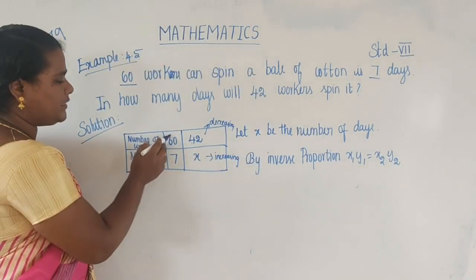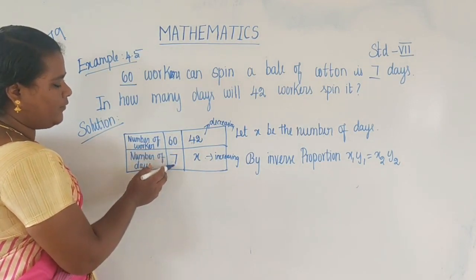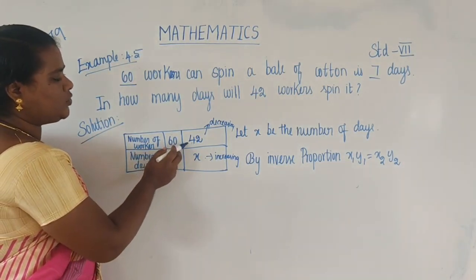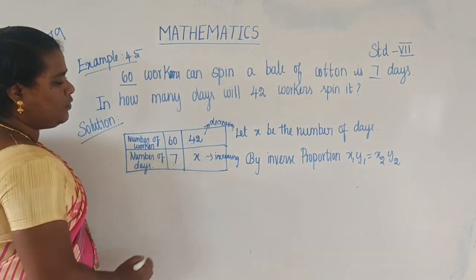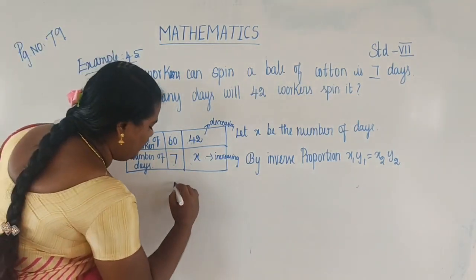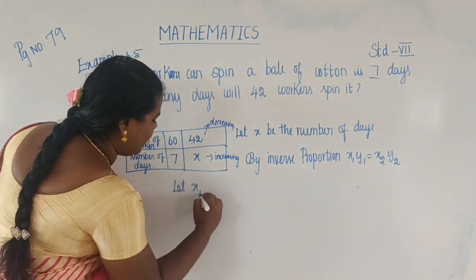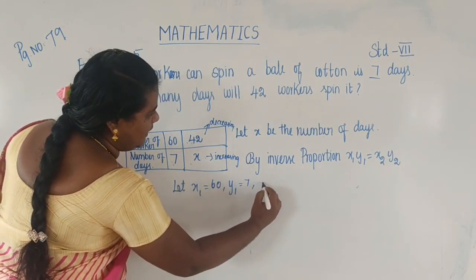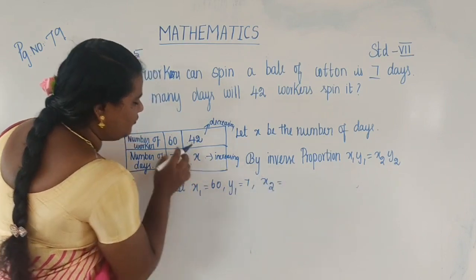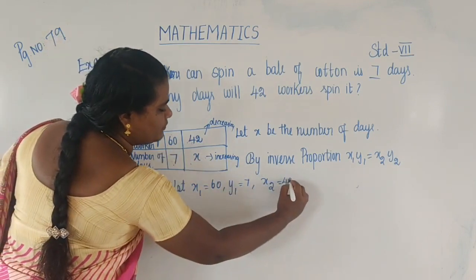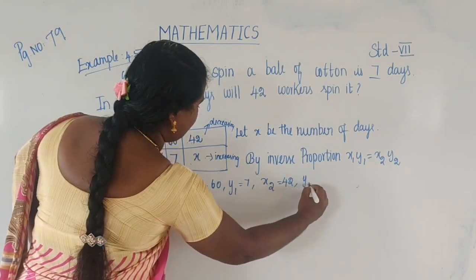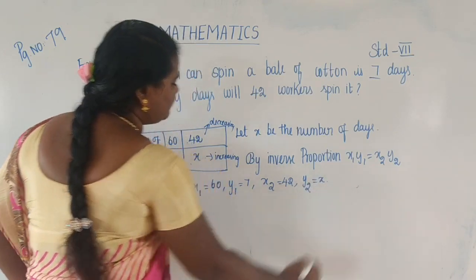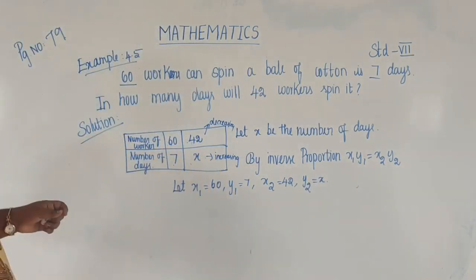This one is x1, this one is y1, this one is x2, this one is y2. So let x1 equal to 60, y1 equal to 7, x2 equal to 42, and y2 equal to x. Students, can you understand?